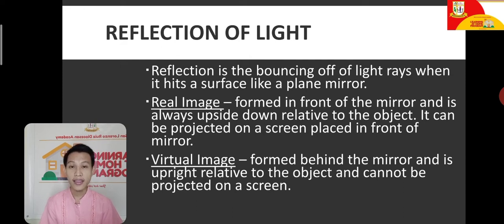And ang karakteristik niya is tinatawag nating upside down or what we called as inverted, okay? Or nakabaligtad. Hindi yung actual na position ng object yung makikita dun sa image, kundi it is an inverted image or nakabaligtad.